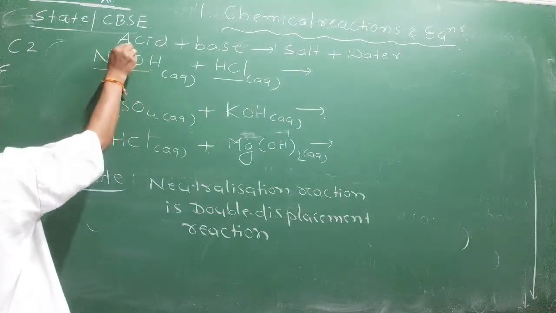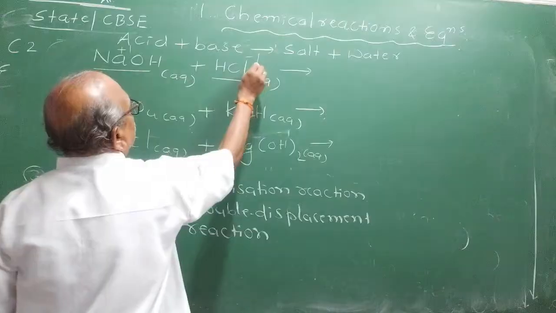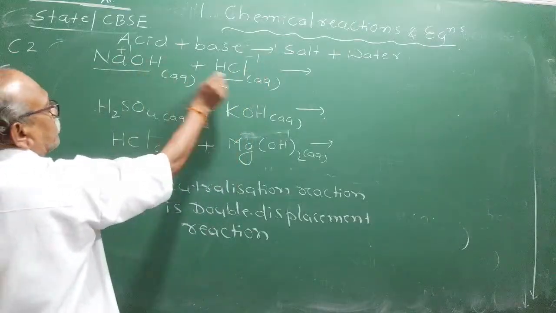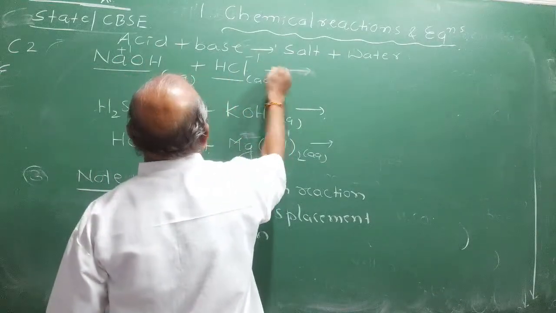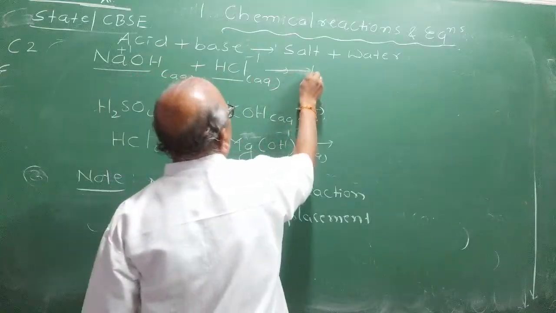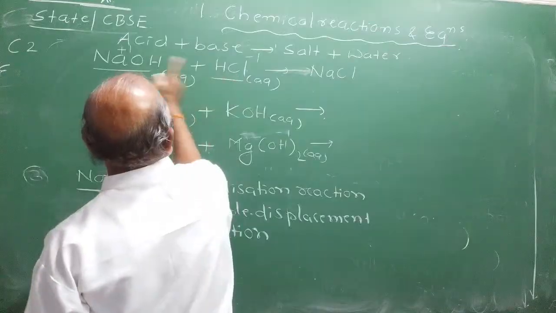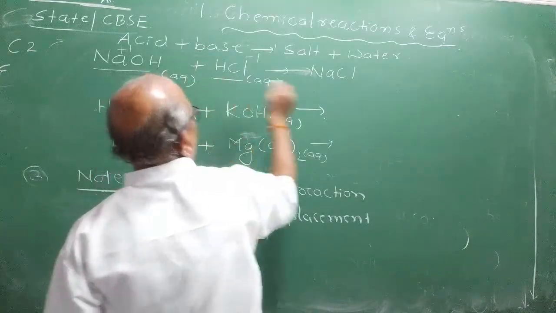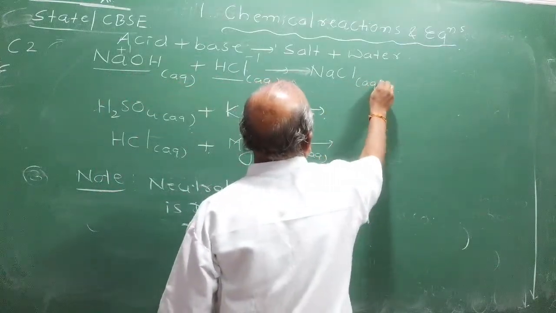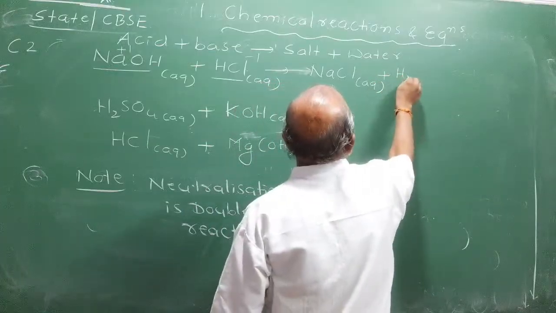Here Na plus and Cl minus are exchanged, forming sodium chloride salt. Here double displacement reaction takes place. H and OH will combine. This is aqueous solution plus H2O liquid.